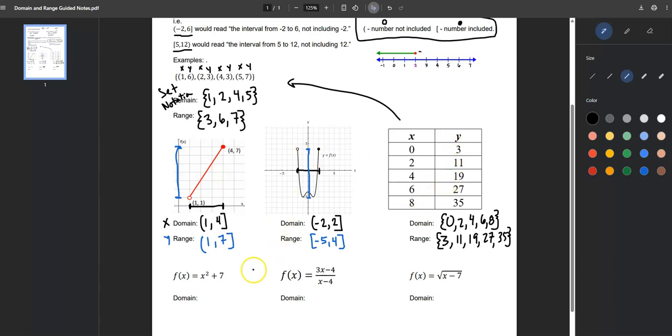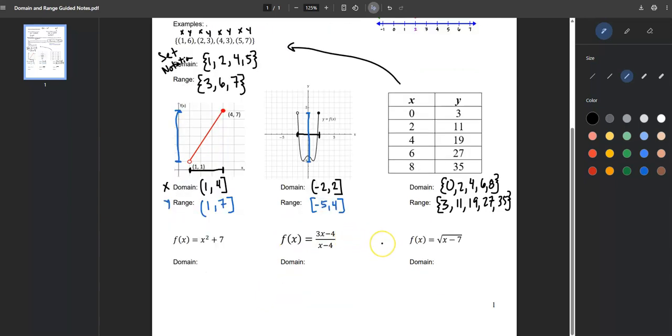Okay, let's talk about domain restrictions from an equation. So those were from graphs and stuff. Let's talk about from an equation. Really, there are two things that have domain restrictions up to this point. There's a few others that you guys will get into.